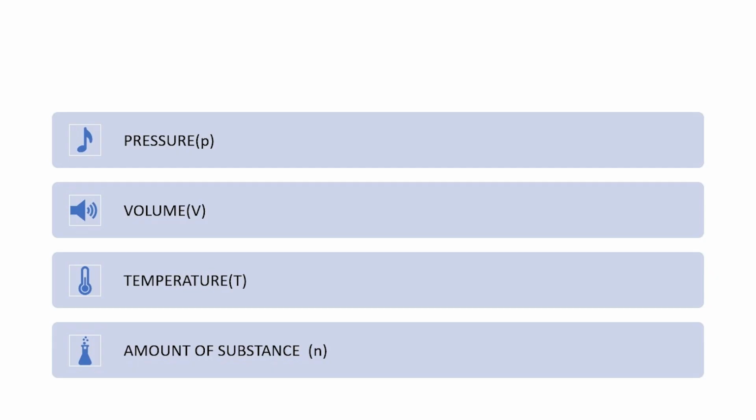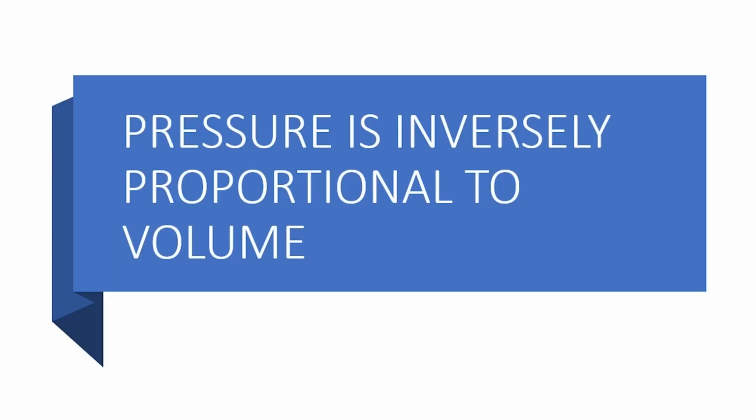The measurable properties of gases such as pressure, volume, temperature and amount of gas are represented as P, V, T and n respectively. In Boyle's law, we found that the relationship between pressure and volume is inversely proportional at a constant temperature and the amount of gas is fixed.